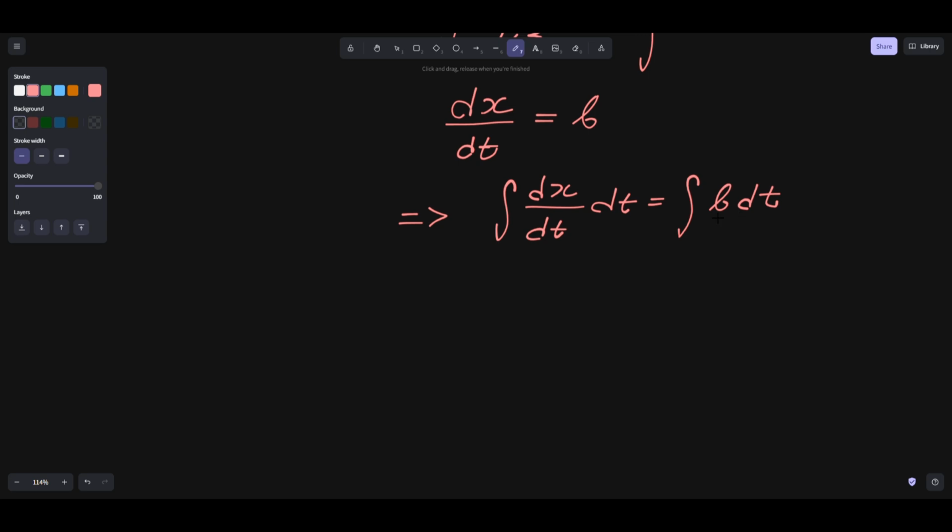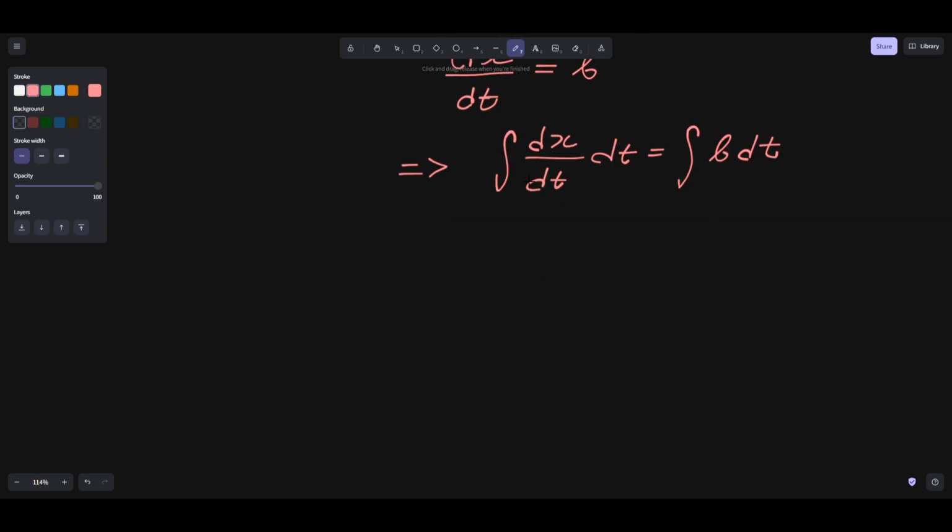And so now the integral of a constant, this is an easy integral to solve, and what we get is x equals another constant, we can call this integration constant a, plus b times t. And this t comes from integrating this constant here.